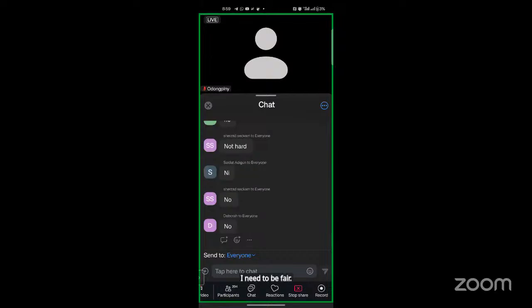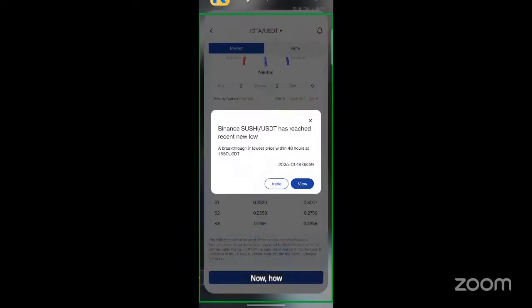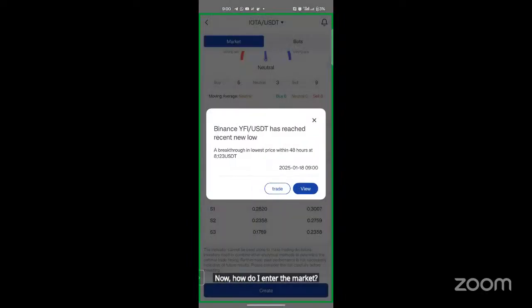Now I'm teaching you how to enter the market. How do I enter the market? I want to trade any coin of my choice.